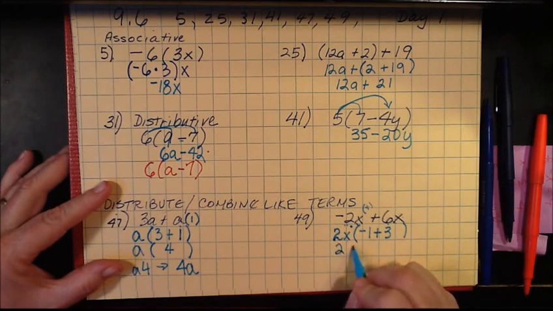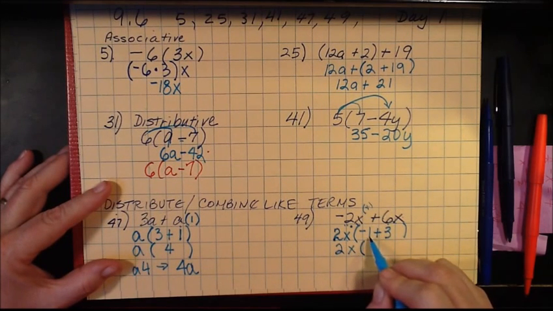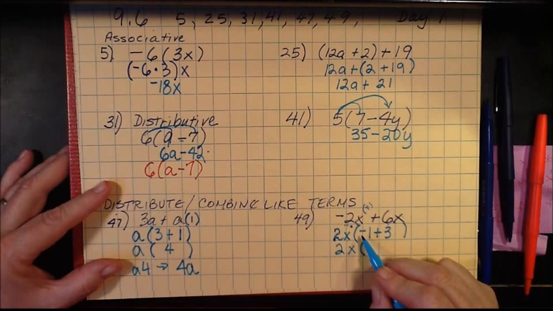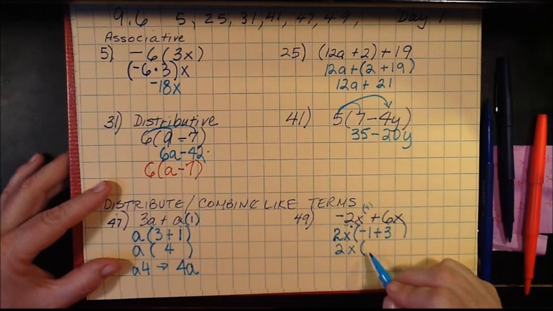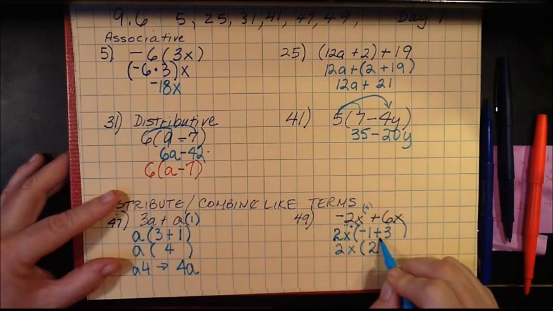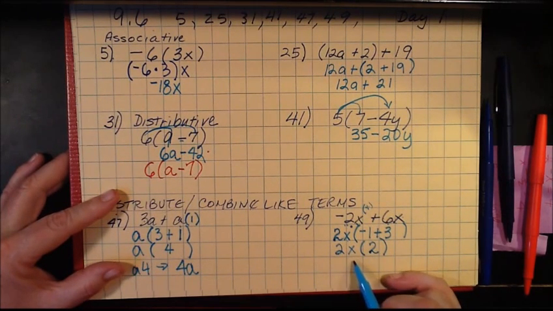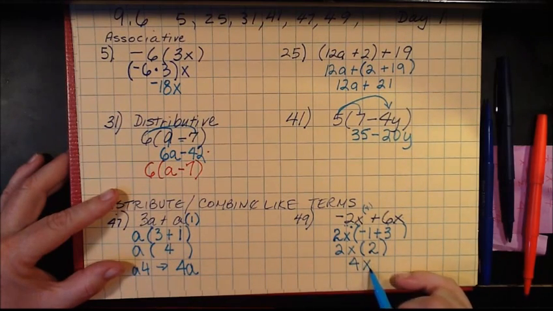So now I have 2x times negative 1 plus positive 3, different signs, find the difference. 3 minus 1 is 2, and it's a positive 2. So here, 2 times 2 is 4, and 4 times x. So my answer is 4x.